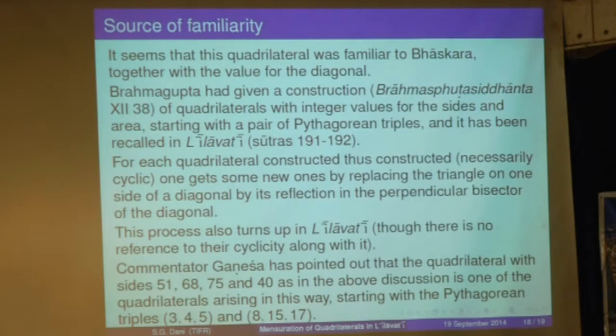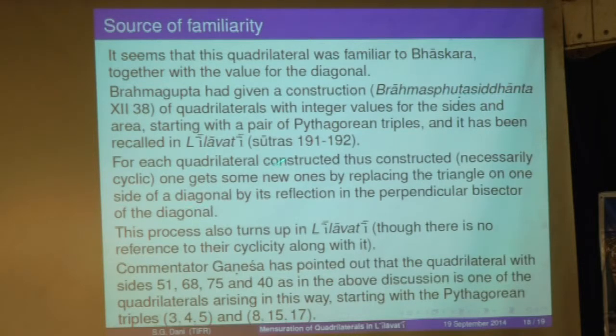But from the Brahmagupta construction of cyclic quadrilaterals, there is a way of modifying that. What you do is you have the cyclic quadrilateral, draw one diagonal, and reflect one side of the triangle in the perpendicular to the chord, the diagonal. So you get another cyclic quadrilateral with different sizes, and Ganesha has observed that this quadrilateral 51, 67, etc. does arise from such a construction.